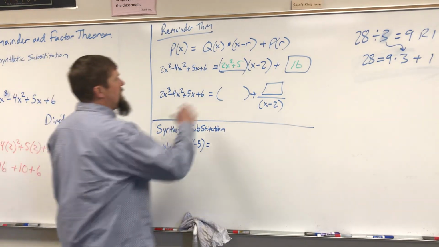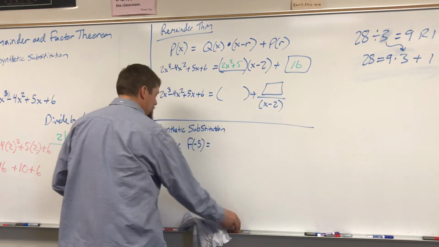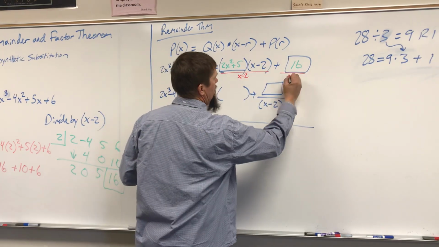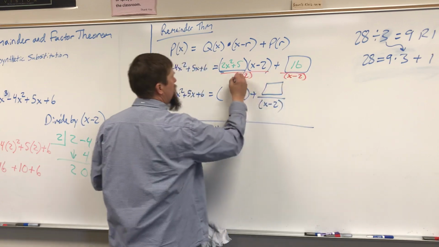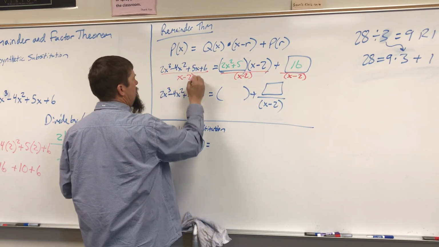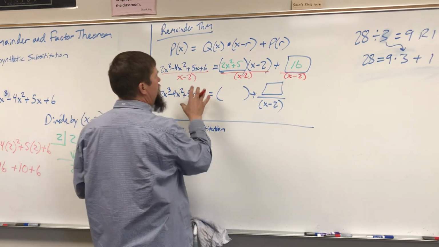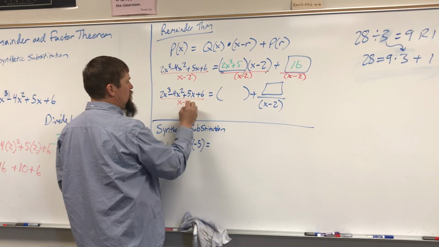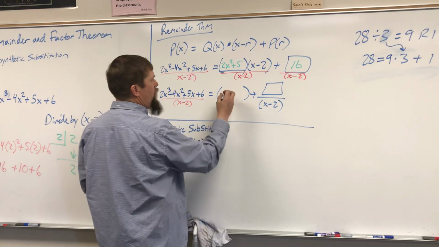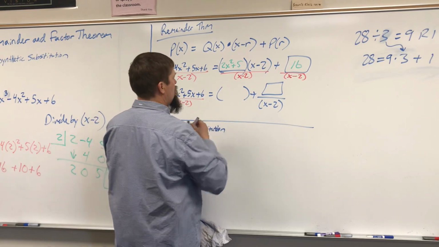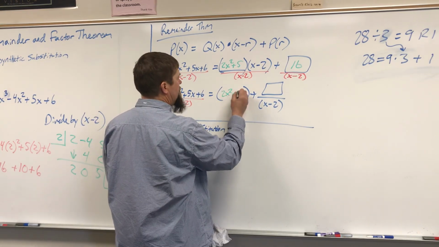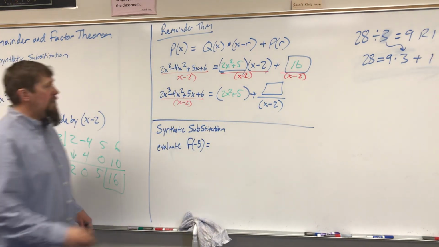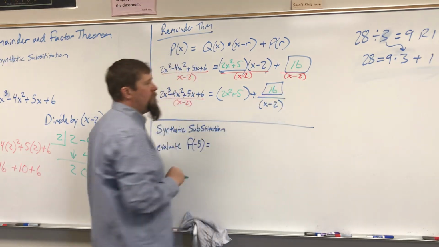If I divided both sides by x minus 2, of course you have to divide everything, you end up with what I got when I divided this by x minus 2: 2x squared plus 5, plus 16 over x minus 2.